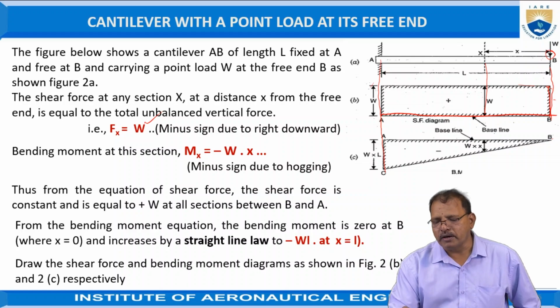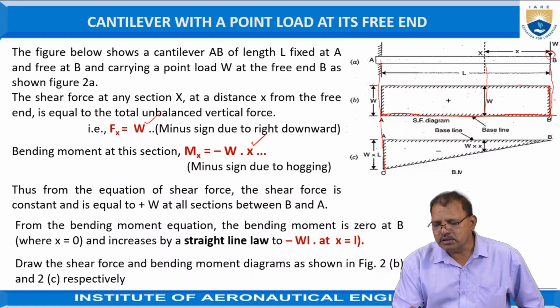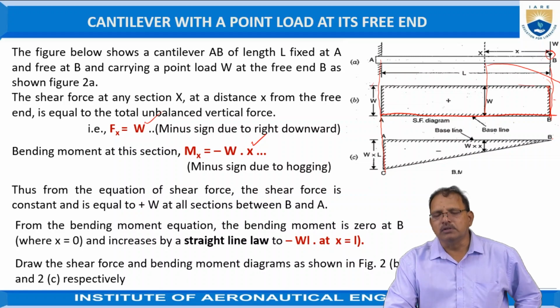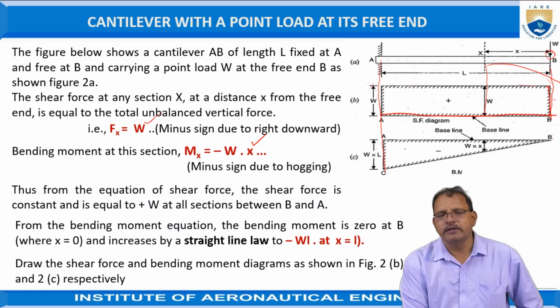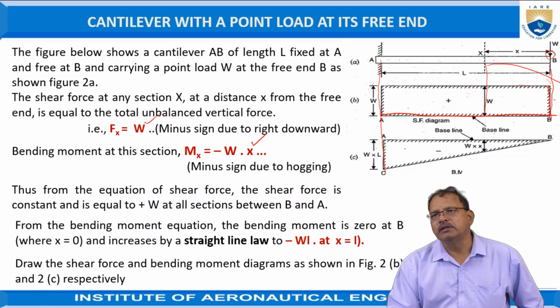When you are moving to a point X, the bending moment at X is equal to W into X. Since the effect of the force tends to bend the beam in the downward direction, that is, a hogging effect, an inverted U shape, this type of bending moment is treated as a negative bending moment. Hence, the bending moment at X is Mx equal to minus W into X. When X is equal to 0, the bending moment is equal to 0.